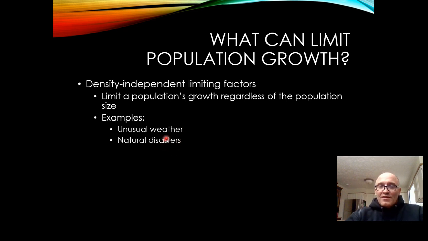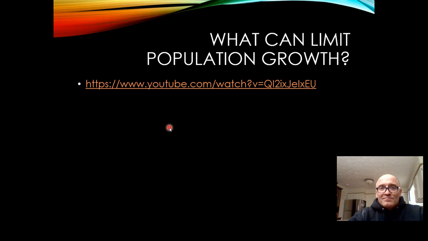Like if there's an earthquake, the density of the population doesn't affect whether or not there's going to be an earthquake. It just happens. Certain weather, tornadoes, whatever. So these things are not dependent on the population density for whether or not they're going to be a factor.